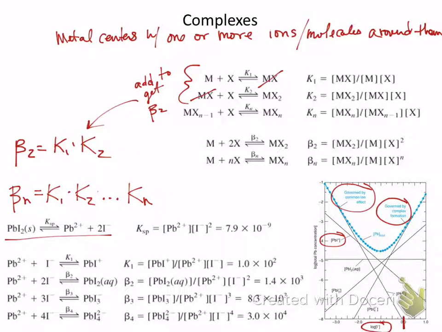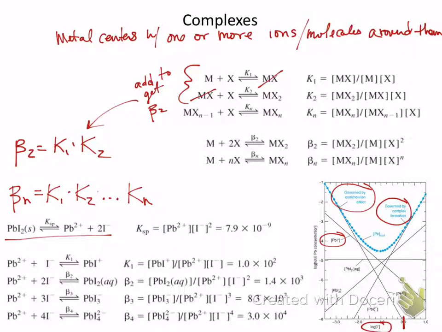Well, as it turns out, the blue line represents the actual concentration of lead that's total in solution. And you can see that initially, as we increase the iodide concentration, it's governed by the common ion effect. And so we see more and more of these lead species and more iodide being added, and so we see a decrease in that solubility.